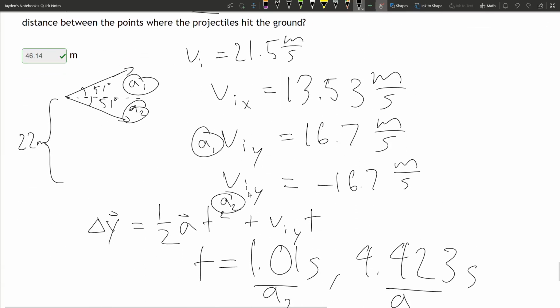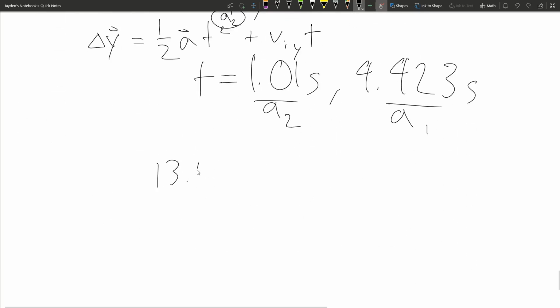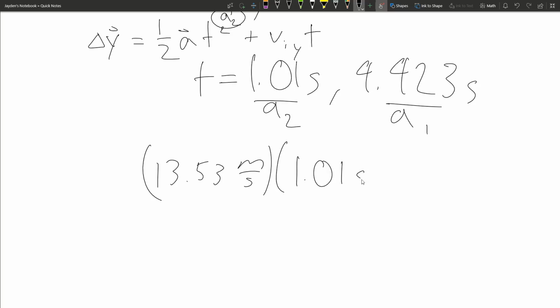So the x velocity was 13.53 meters per second times 1.01 seconds equals 13.66 meters traveled for the first ball, which is aiming down.